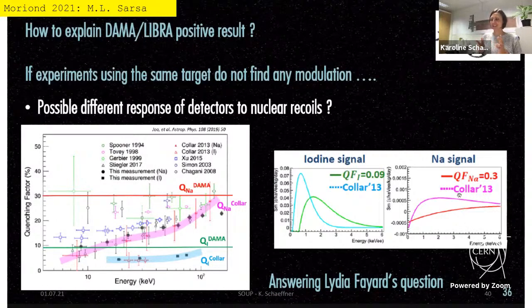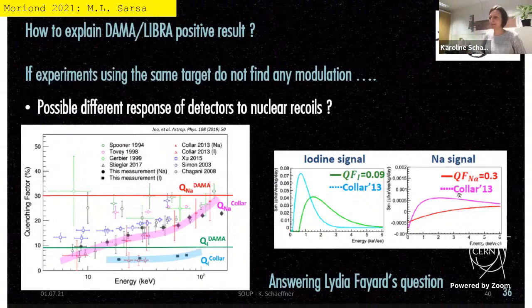So this is very important to look into. As there is no way to do an in situ neutron and quenching factor measurement in such DAMA and DAMA-like experiments, you have to do this at a facility. But you have to be sure that the quenching factor you have for your crystal is tested with your crystal, because there may be a variation coming from crystal properties, for example, from the thallium dopant.